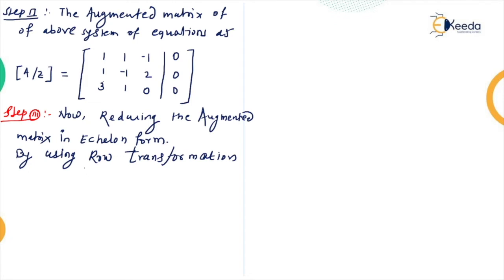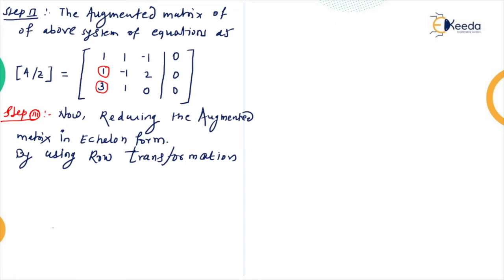For the conversion, the leading element of the first row and first column should be 1, which it already is. Now we have to make the entries below the leading element 0.